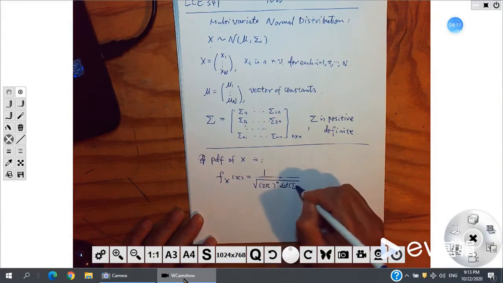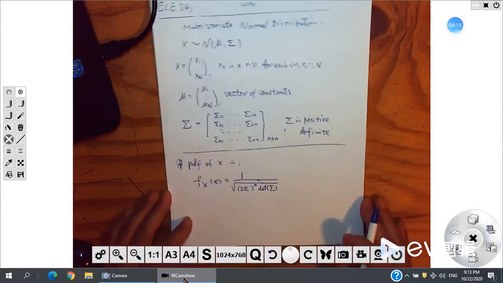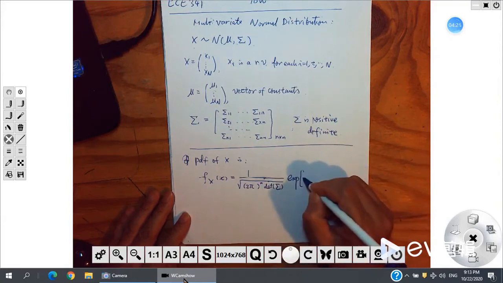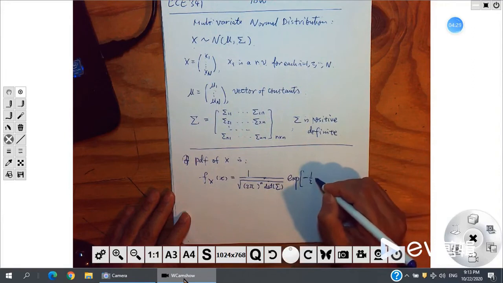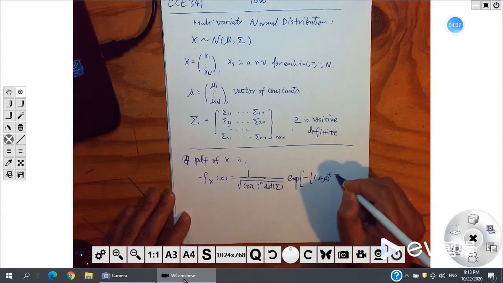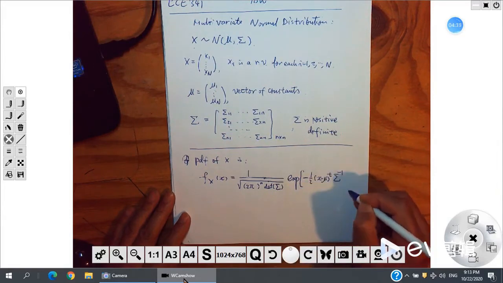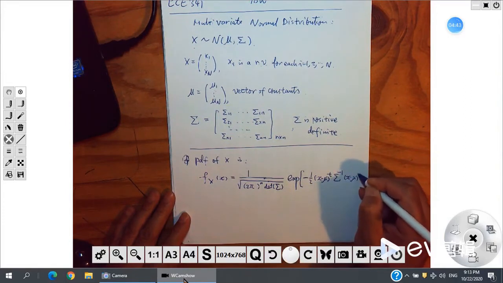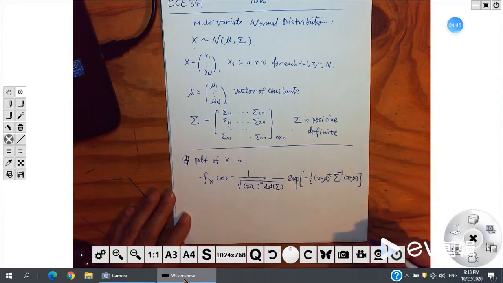Right. This is a constant before the exponential. Then we have the exponential of negative 1 over 2 times (x minus mu) transpose times the inverse matrix of sigma, times (x minus mu). Right, this one. This is a density function.